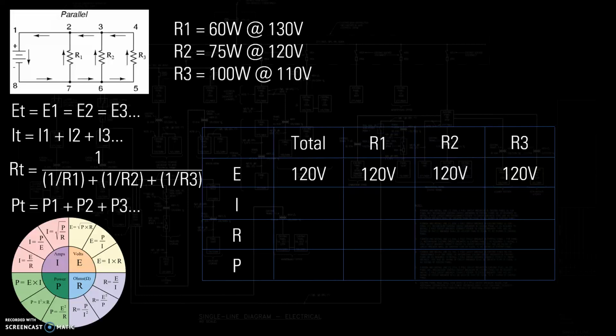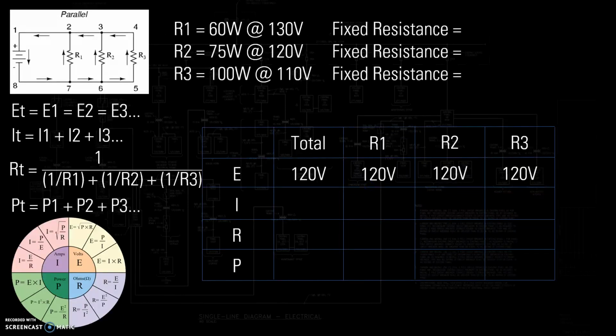So that's an inherent upside to parallel circuit calculations for sure. If you're looking at this, what's the next thing we can do? Quite honestly, there is only one move to make. We've got to find fixed resistance, right? We never get away from that. You guys know Ohm's law by now, but naturally, we're going to use the formula R equals E squared divided by P to find resistance.